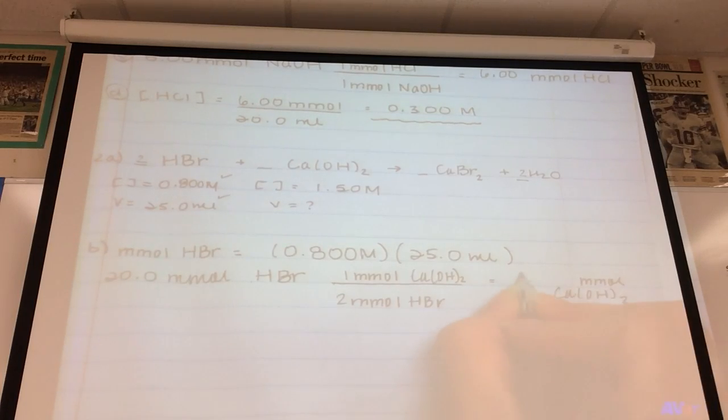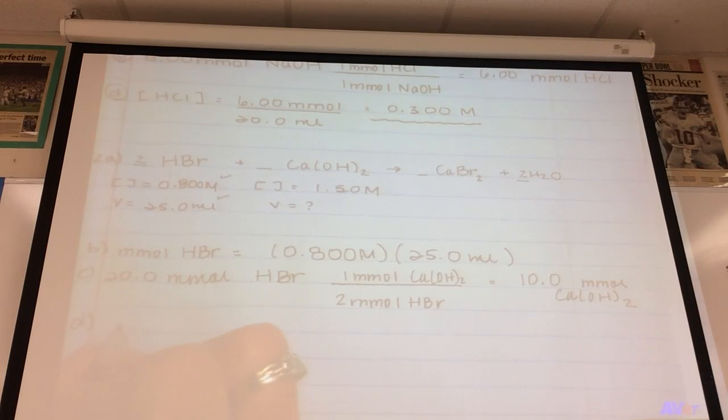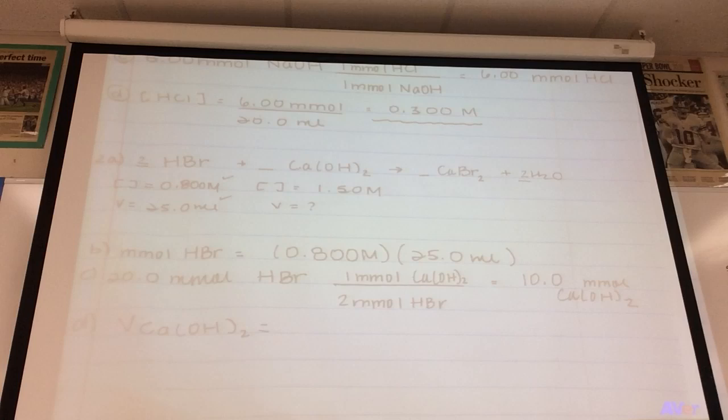So we'll divide by 2 and we have 10 millimoles of base. Now this problem's a little bit different because we're asked for the volume of the base. And let me make sure you're where I'm at and I'll walk you through how to do that.